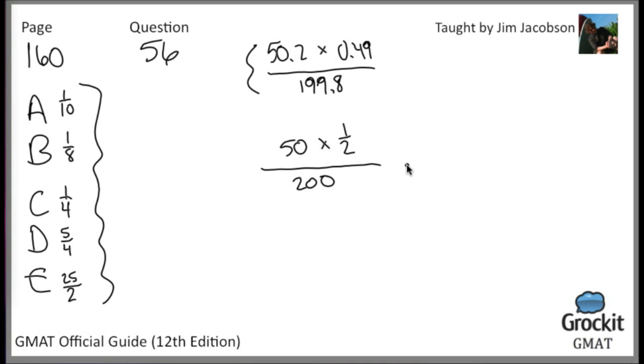So then we are left with half of 50. 50 times 1/2 equals 25 over 200. And then we have to reduce this as a fraction. 25 goes into 100 4 times, so 25 goes into 200 8 times. That is the same thing as 1/8. Answer choice B is our correct answer.